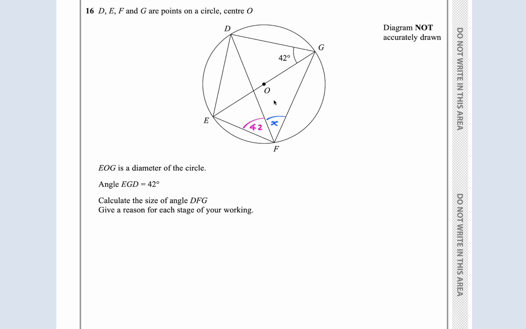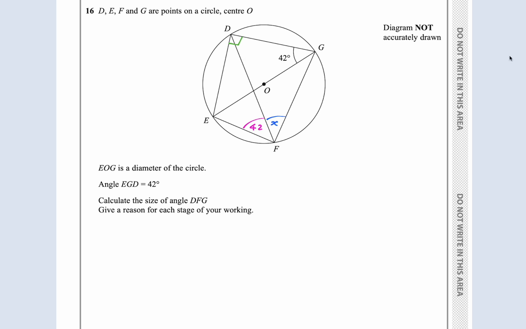Now, what else can I do? Well, I have a diameter. So diameter tells me that this is 90 degrees because angles in a semicircle add up to 90.